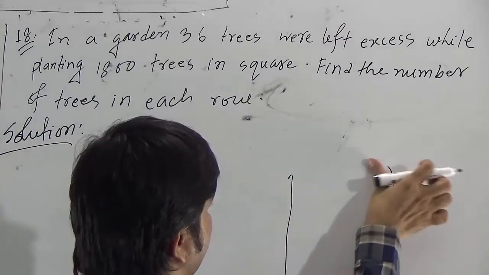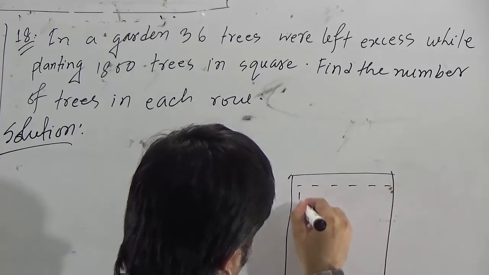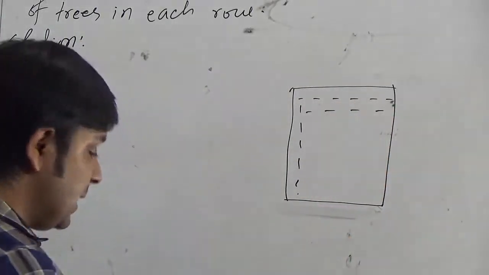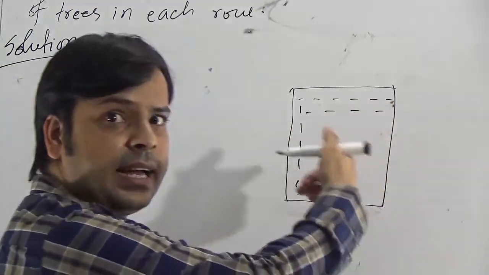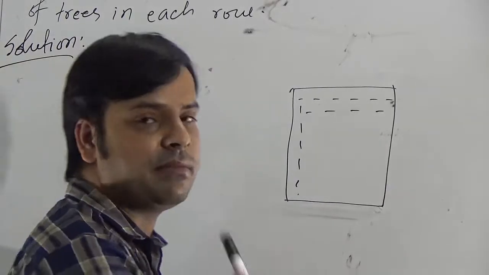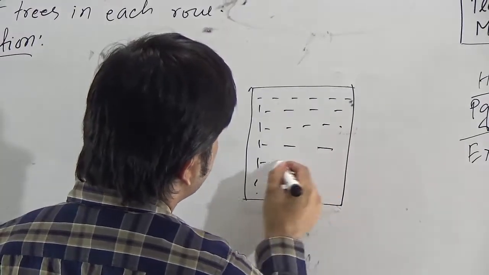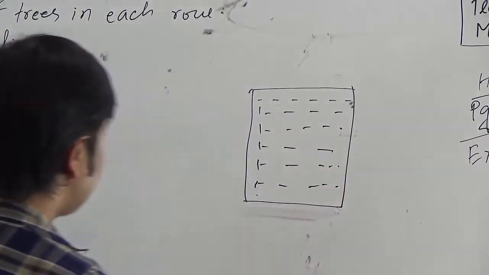If we plant the trees in a square, it means that the number of trees along the length and along the width will be the same. If we plant the trees in this way, then we need how many trees?